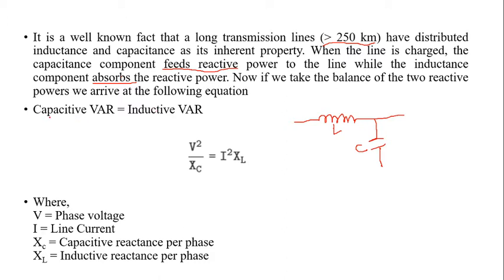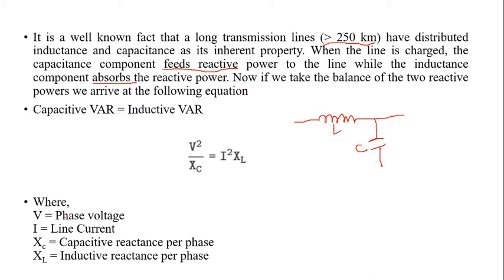So we can write capacitive VAR is equal to inductive VAR. Now how do we define them? Capacitive VAR is V square by Xc, and inductive VAR is I square Xl.